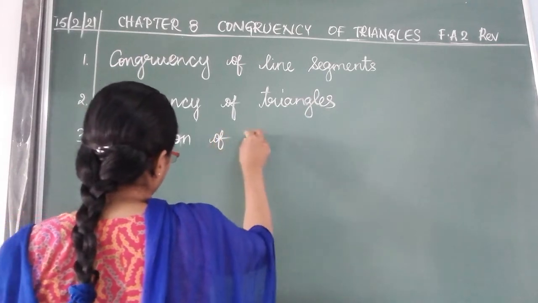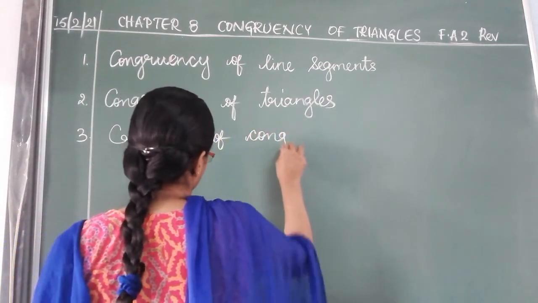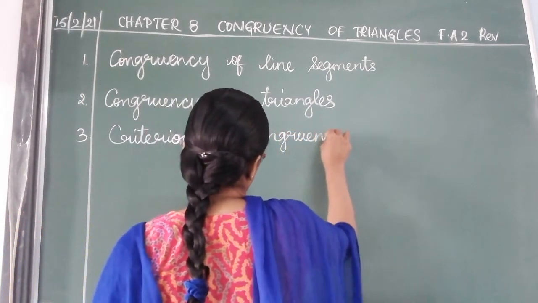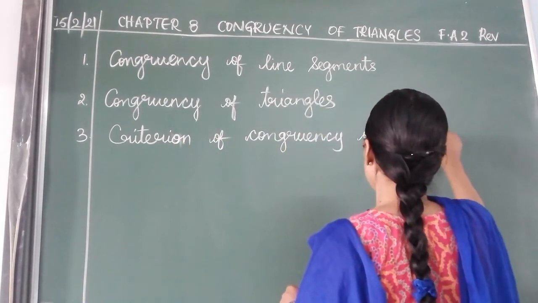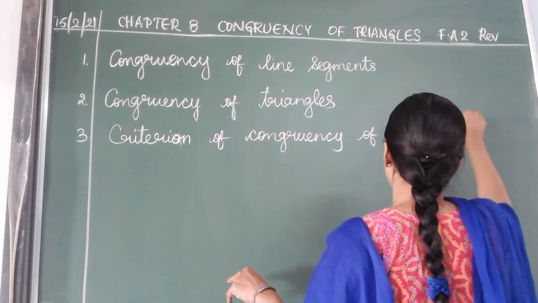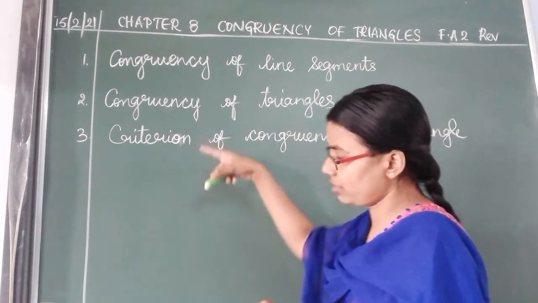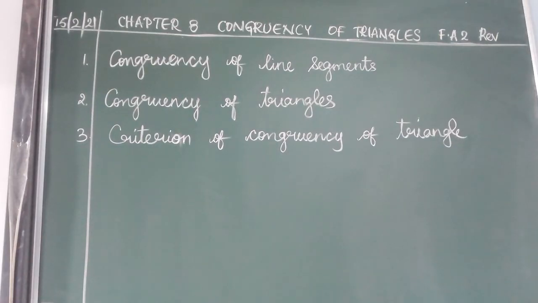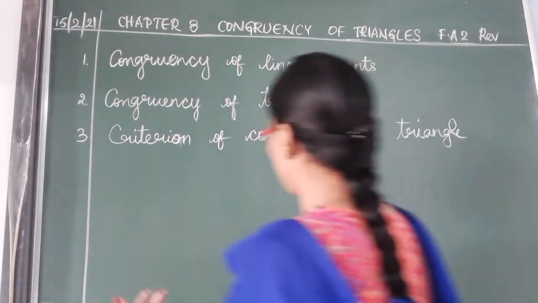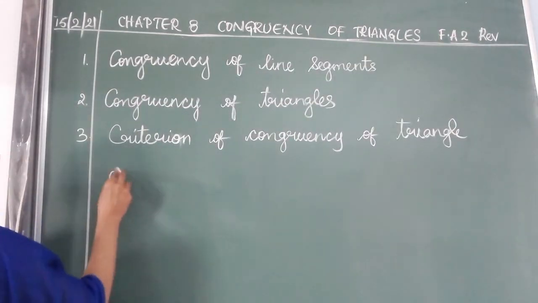Criterion of congruency of triangles. So in this part we have four criteria that we have learned, and that is what we are going to revise. So step by step we are going to move forward.